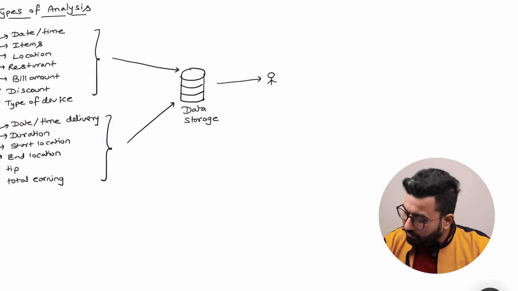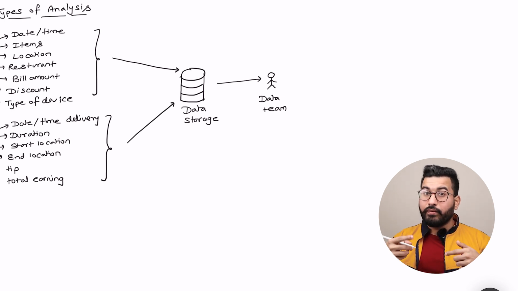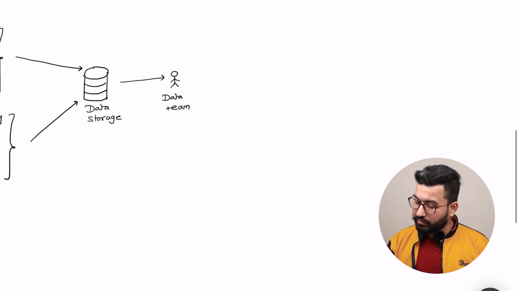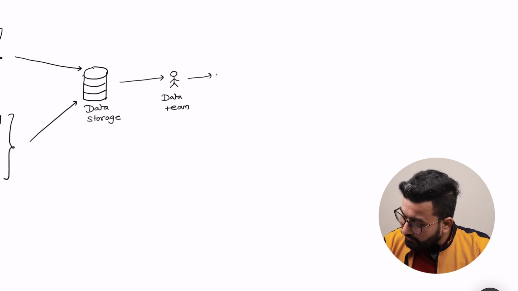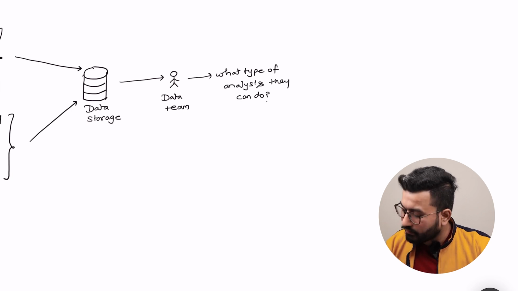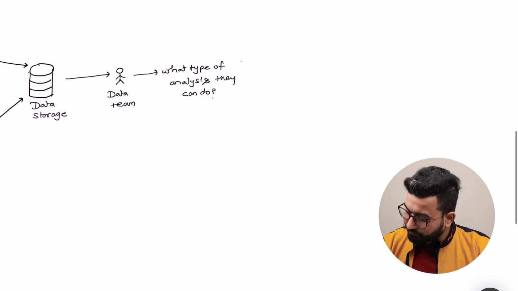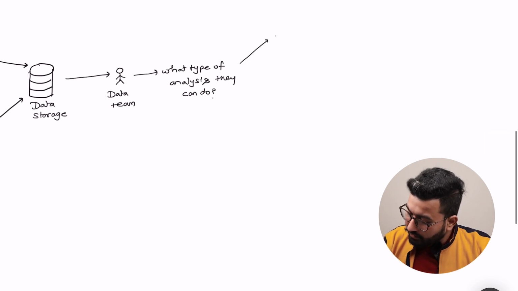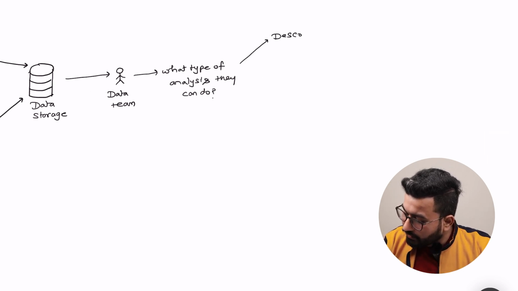Now comes the big picture. This is my data team. What kind of analysis can they do? What type of analysis can they do? Number one is descriptive.